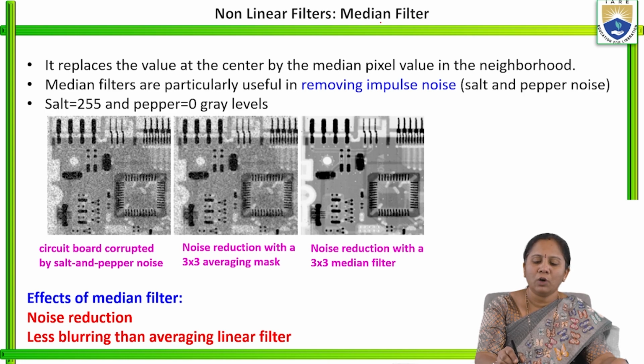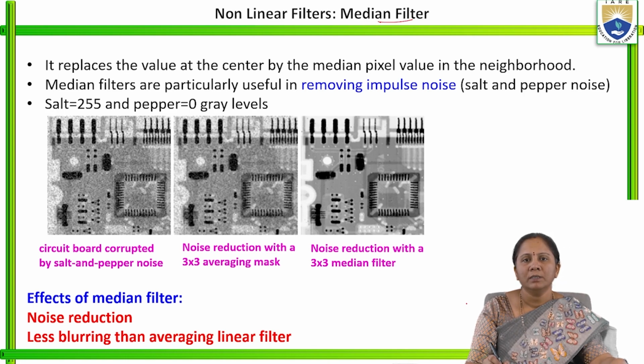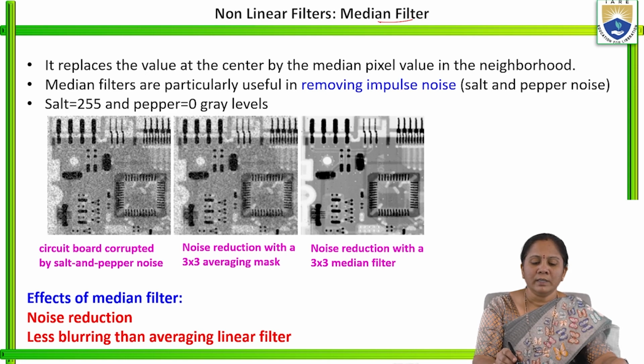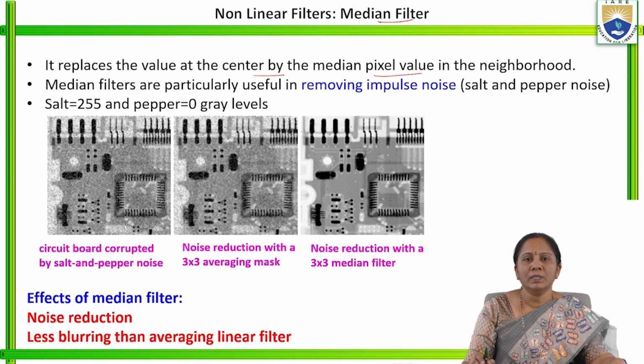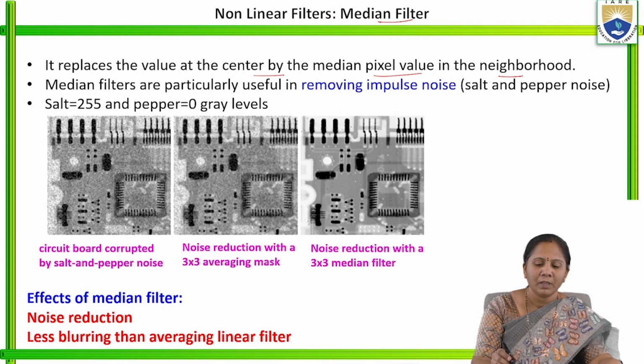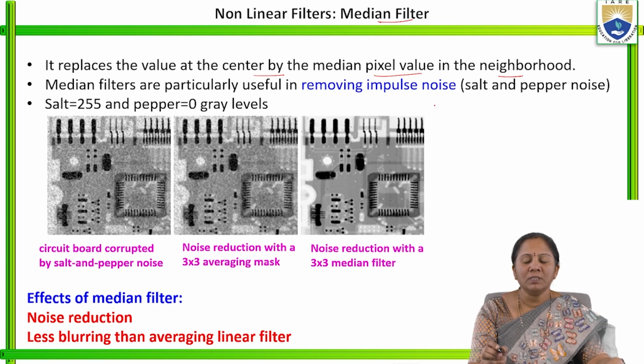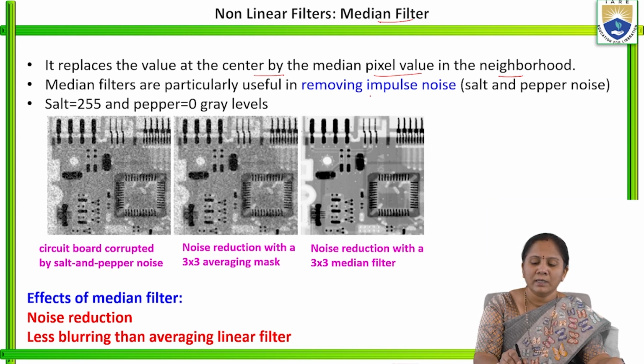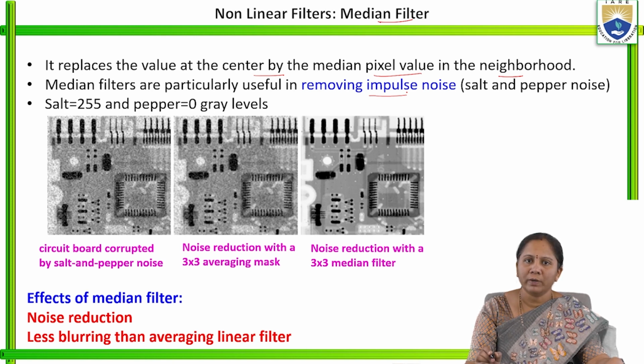Under non-linear filters, the first type is the median filter. It replaces the center pixel value with the median pixel value in the neighborhood. This point will be clearly understood when you see the example. The purpose of using the median filter is that impulse noise will be removed from the image.